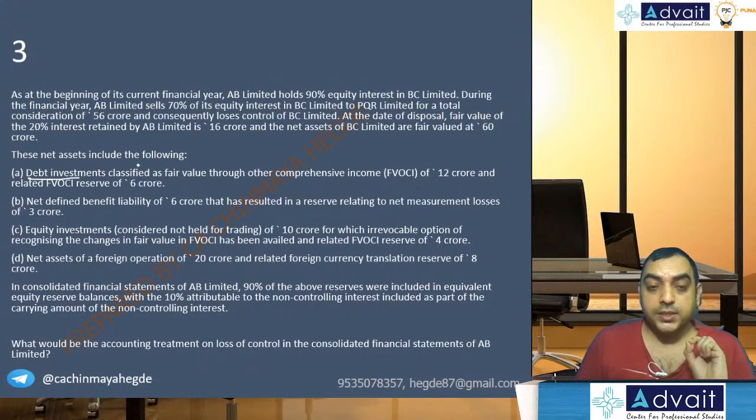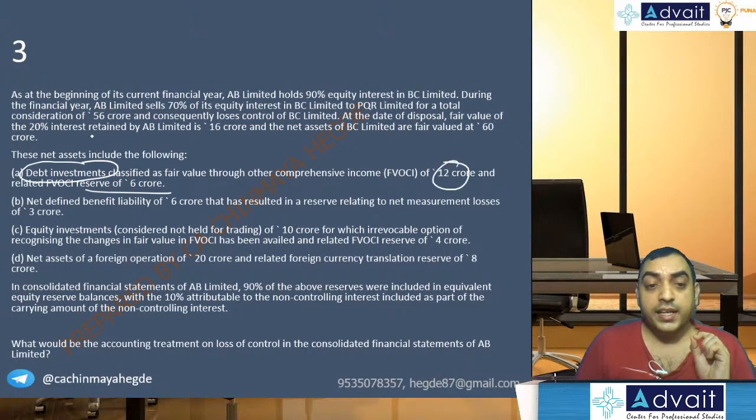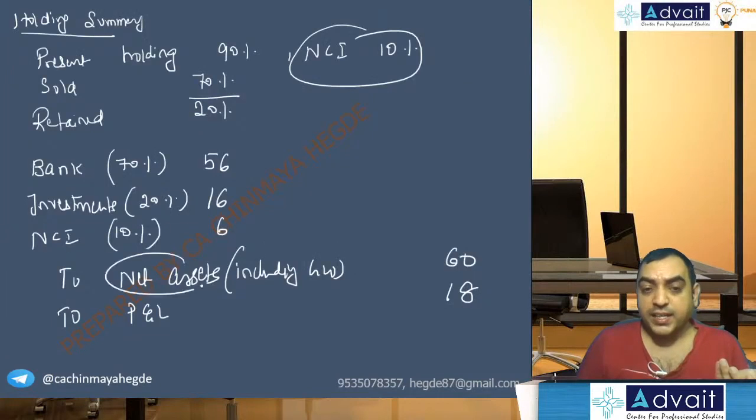Debt investments classified as fair value through other comprehensive income of 12 crores, related FVOCI reserve of 6 crores. This is debt investments, 12 crores. Investments in the nature of debt of subsidiary company, and that is part of net assets. Net assets anyway we have derecognized.